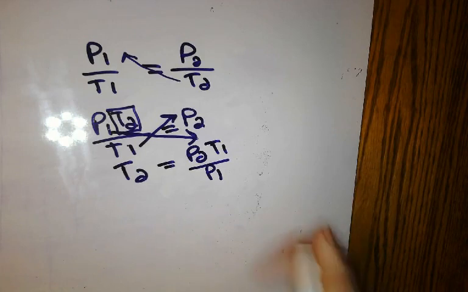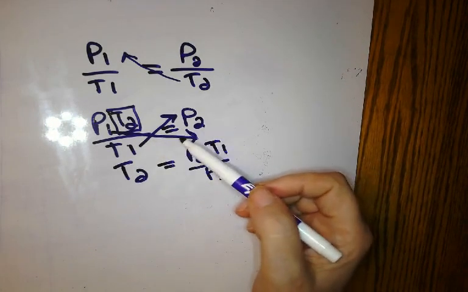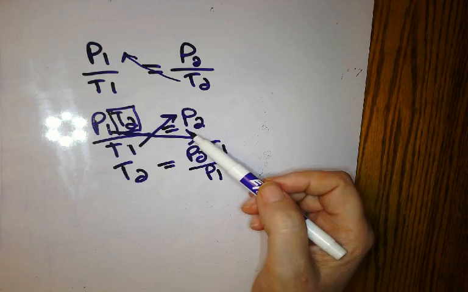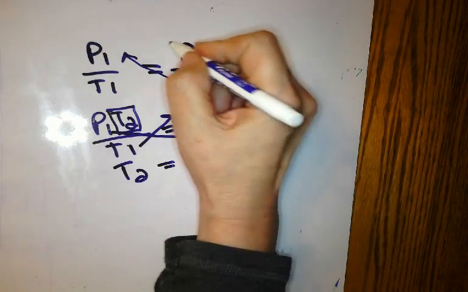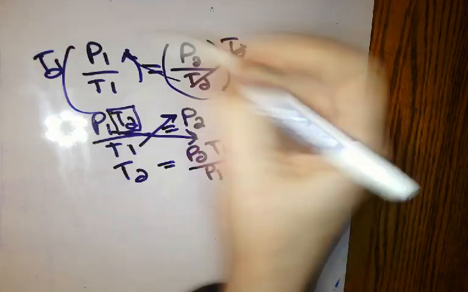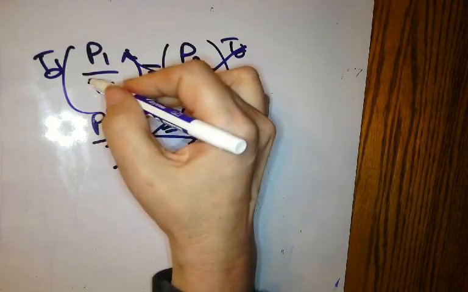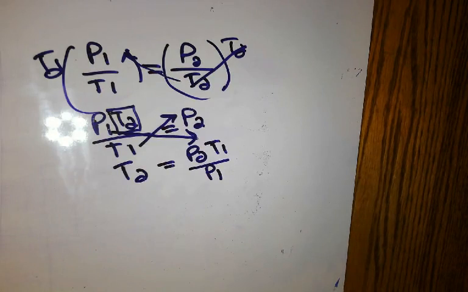Okay, so now we ended up with the same thing, but instead of doing all the math, multiplying on both sides, I just crisscrossed it. Why does that work? Well, let's just see right here. In order to get rid of it, I put it there, and then I multiplied on top here. All I did was get rid of it here, and I moved it across and up. I moved it crisscross. Okay, so that's the quick and easy way to do the algebra with these gas laws.